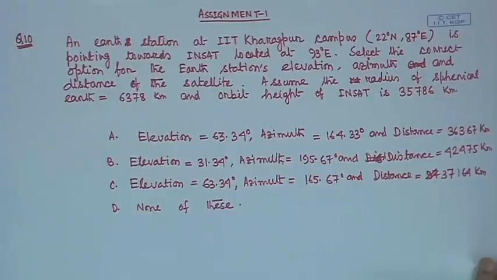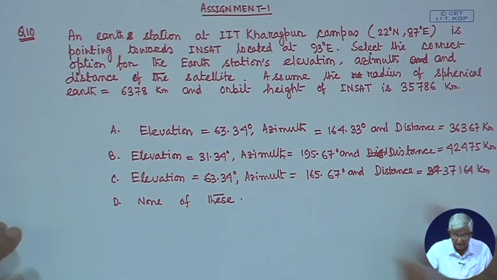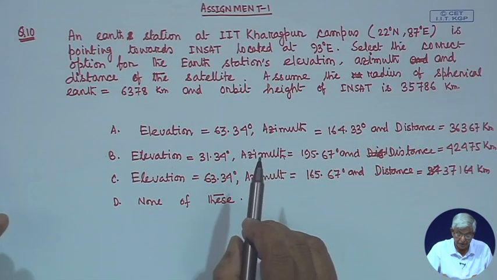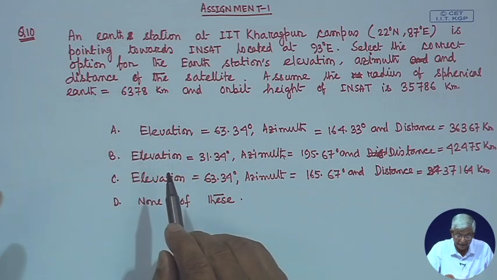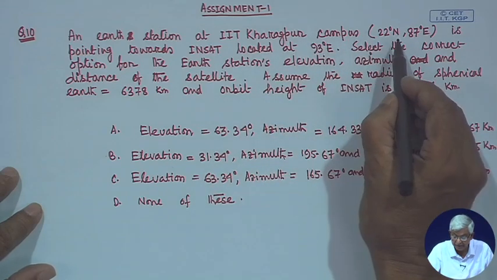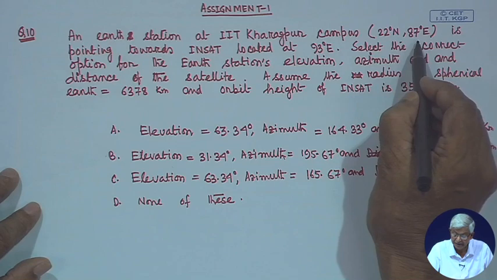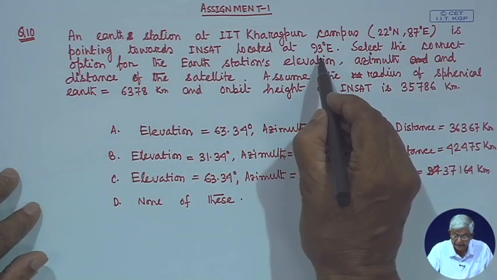Let us go to the problem number 10. This is a slightly elaborate calculation. Already I told you during the class, it is to find out the look angle and the distance. That is, an earth station at IIT Kharagpur campus, whose latitude and longitude are 22° north, 87° east, is pointing towards the INSAT satellite located at 93° east.